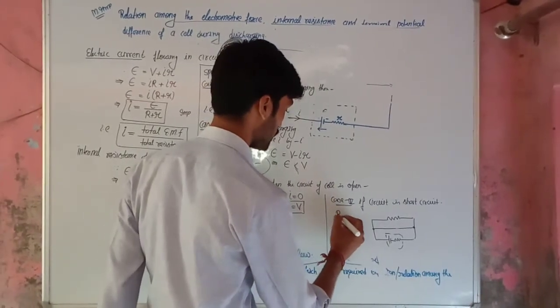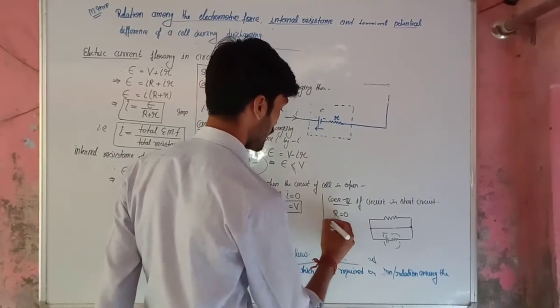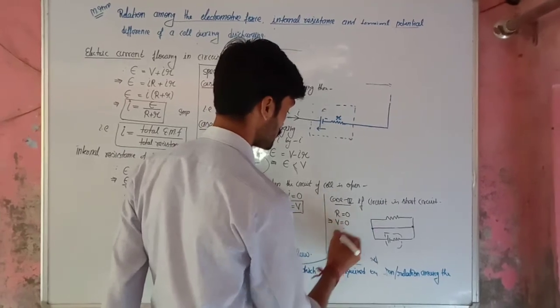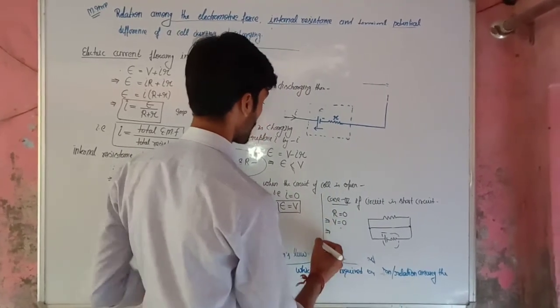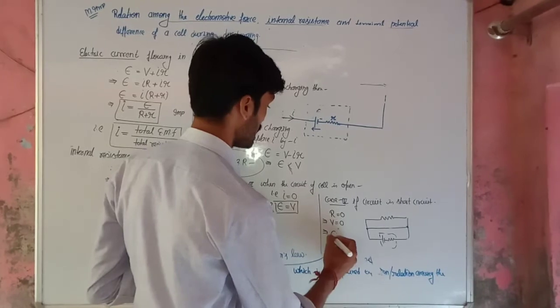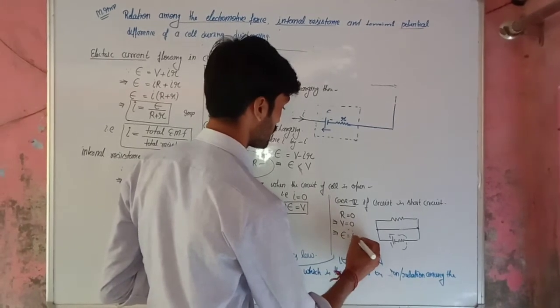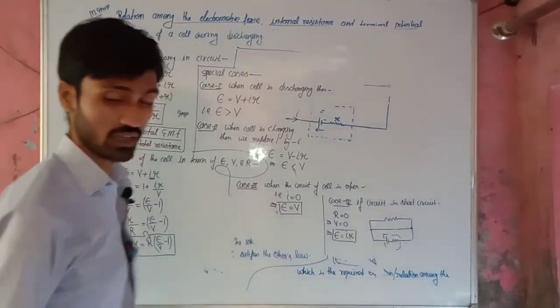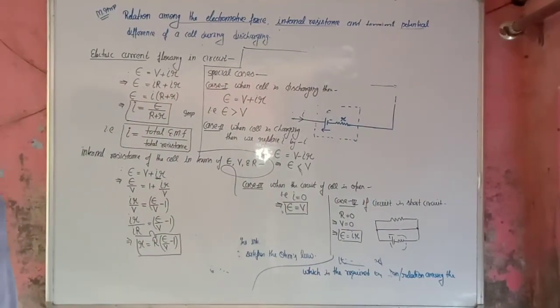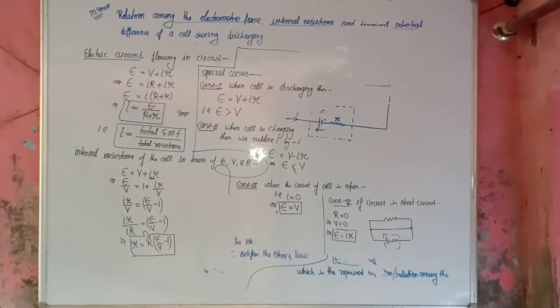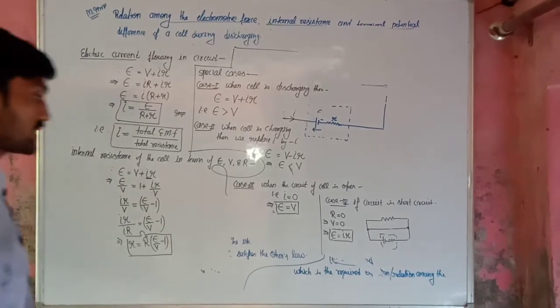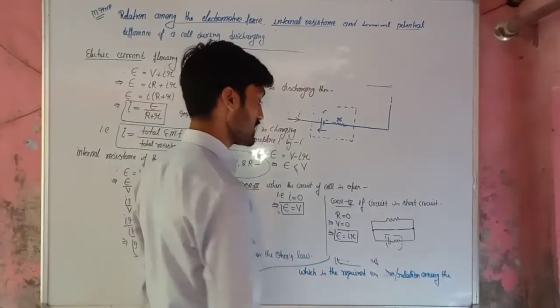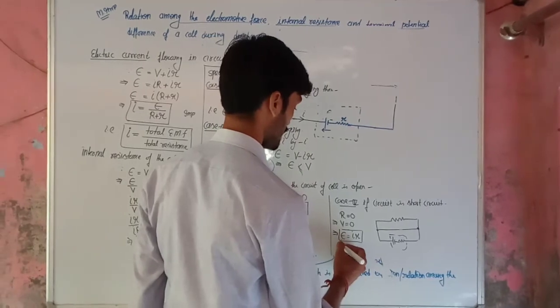So in that case R will be 0. That implies that V will be equal to 0. So in that case E equals I into r. Okay, E equals I into r. In that case the current flowing in the circuit will be maximum.